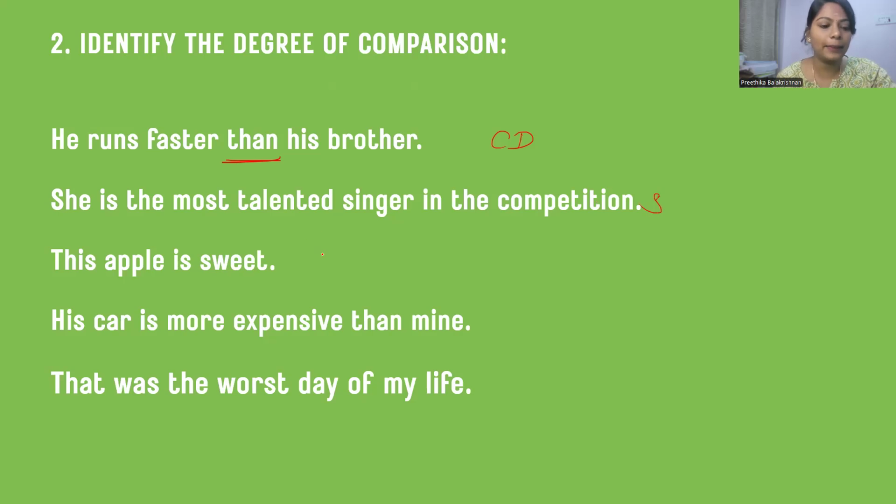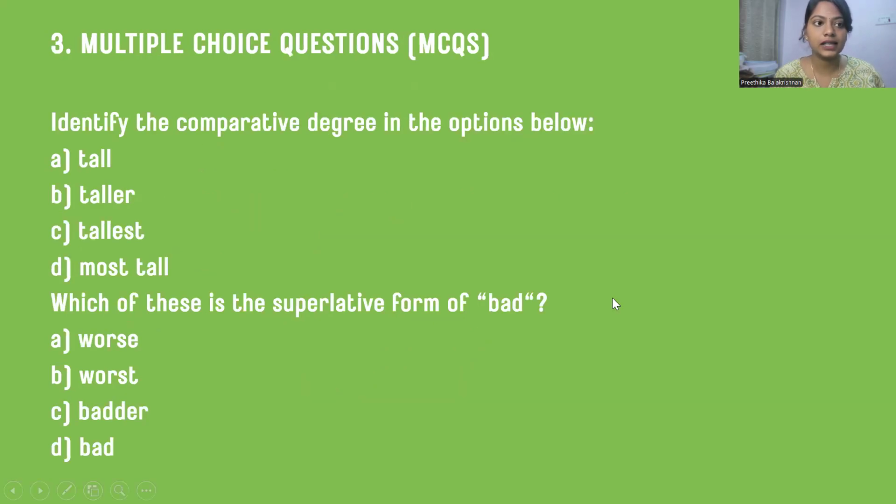This apple is sweet. It is a simple sentence and talks about one particular thing, so it is positive. His car is more expensive than mine. It talks about two things, so the answer is comparative degree. That was the worst day of my life. That talks about the superlative degree. Is it clear? Yes. So, multiple choice questions.